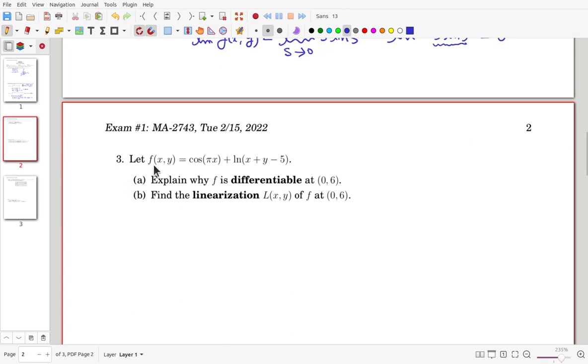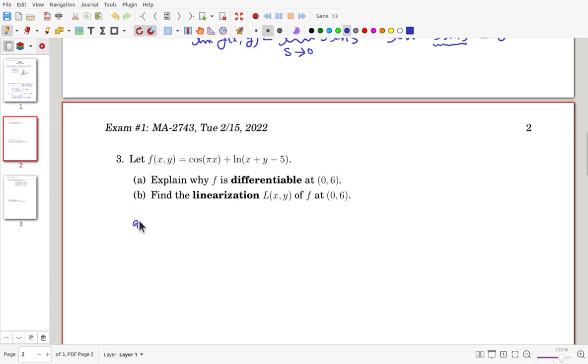Number 3, f of x, y is given in this way. Explain why f is differentiable at 0, 6. Once x is around 0, 6, then the logarithm is well defined. For every x, this portion is well defined, and also it is differentiable. In fact, we can get partial derivatives.